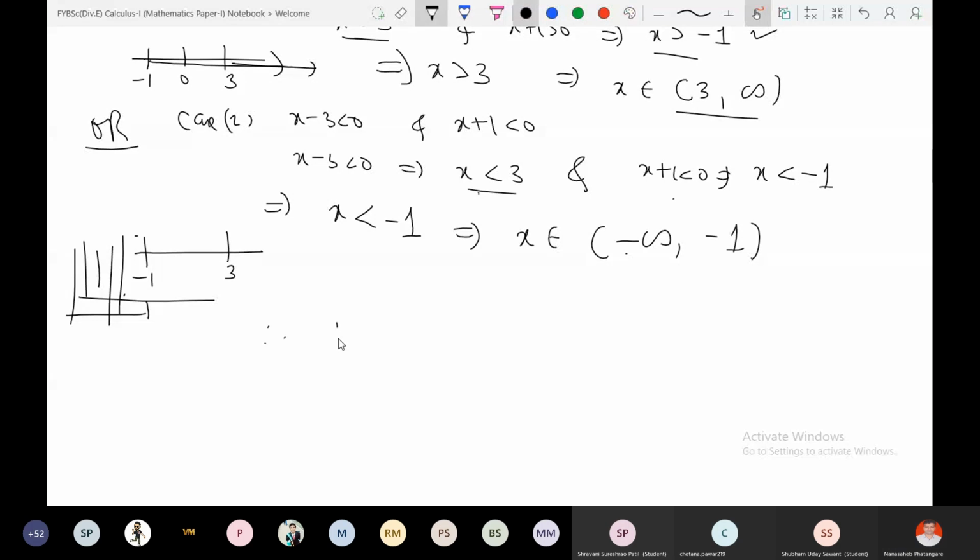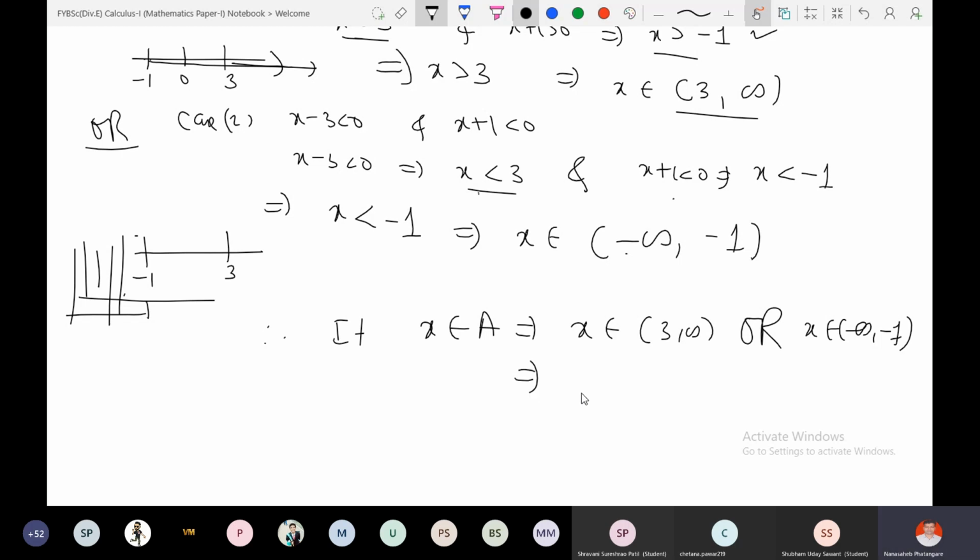Therefore if x is in A, then x is in 3 to infinity, or x is in minus infinity to minus 1. But "or" means what? Union. Therefore x is in minus infinity to minus 1 union 3 to infinity, and thus what is our set?